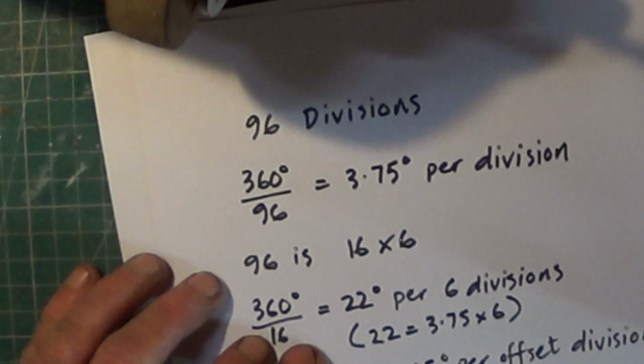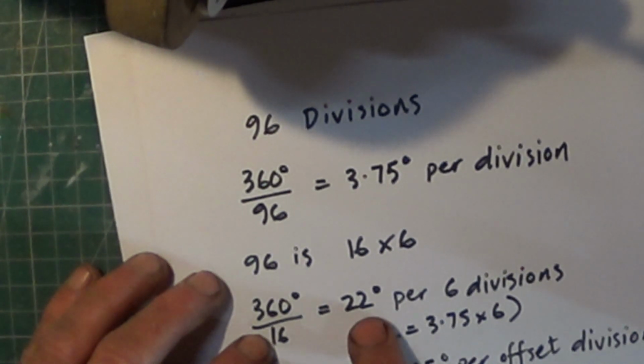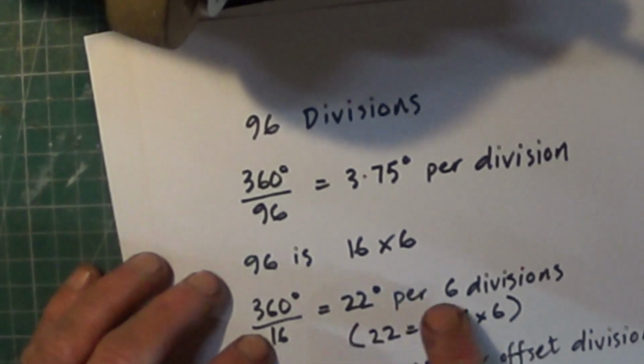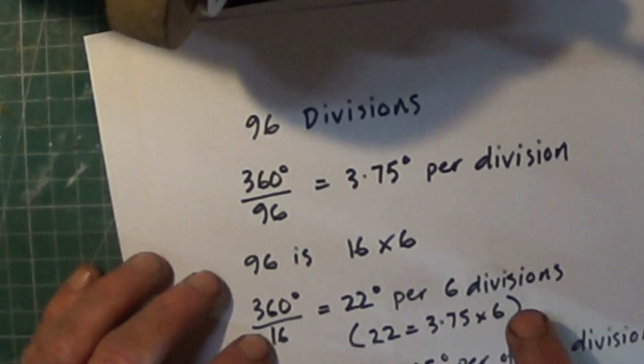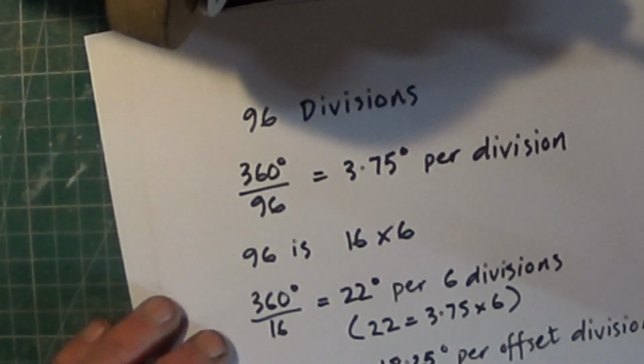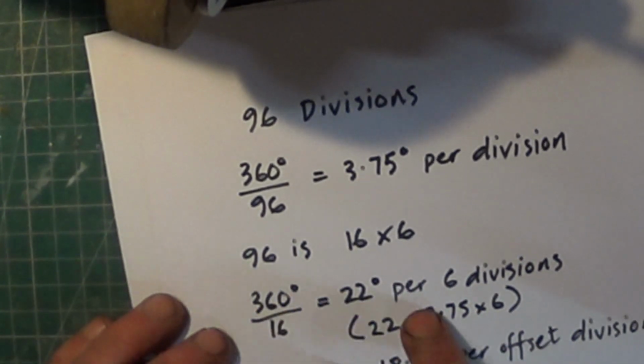and 360 over 16, which is going to be the angle for the moving plate, is 22.5 degrees, and that's for every 6 divisions. 22.5 is 3.75 times 6. Two ways to get to the same answer.